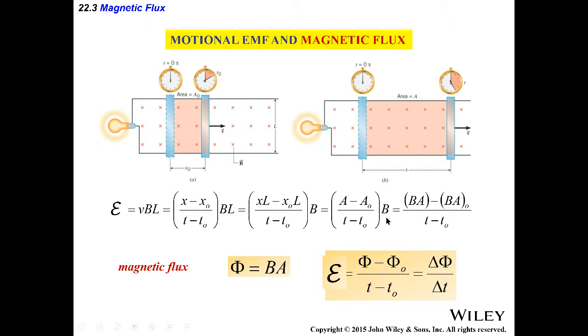So there is some induced EMF, and we now tie it with this concept of magnetic flux: it is the rate of change of magnetic flux.